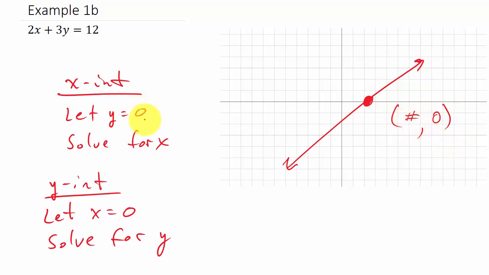So there it is: let y equal 0, solve for x. And then here, the y-intercept, what's your x coordinate on that point? Well, we didn't move right or left, did we? So your x would be 0, and then you've got to figure out the number for y. And there it is: let x equal 0 and solve for y.